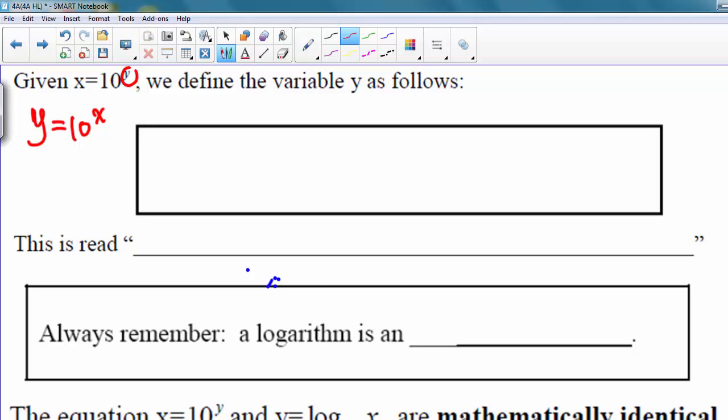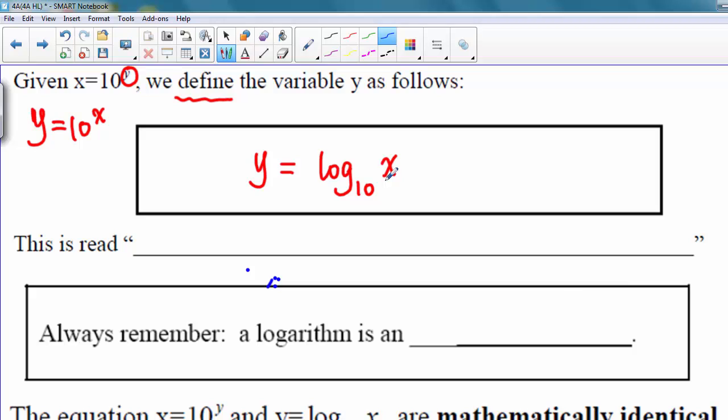Just because people got stuck in solving for y, we make a new definition for the variable y. So this y is defined as log, here is the base 10, we just put down as a subscript for the log symbol, and this one is x.